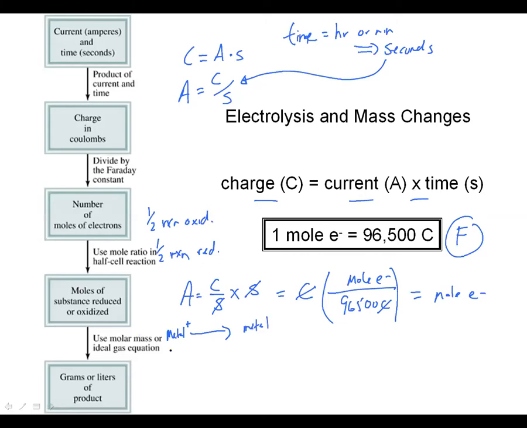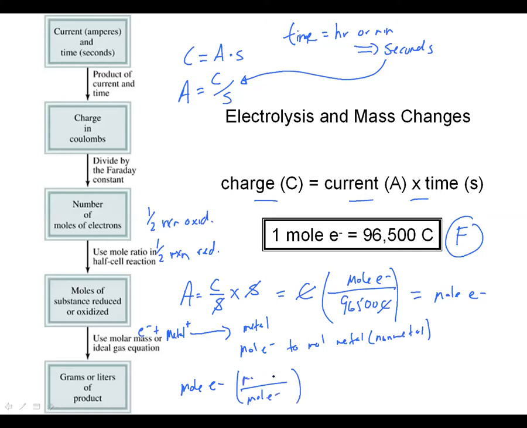For example, if this was the half reaction, we could say there's 1 mole of electrons per 1 mole of the metal. So you're going to use that relationship of moles of electrons to moles of the metal, or non-metal, almost just like stoichiometry, to go from moles of electrons to moles of what you're interested in.